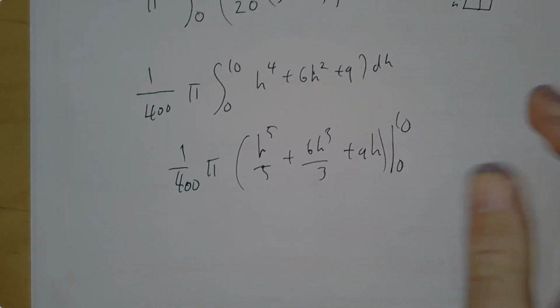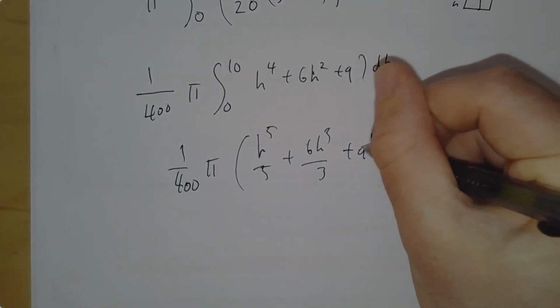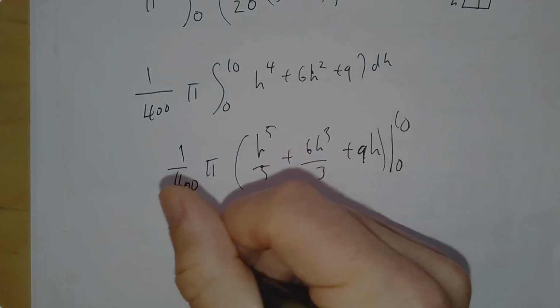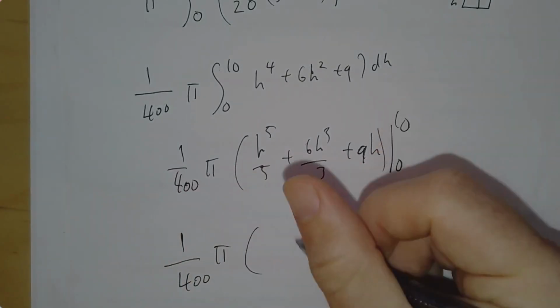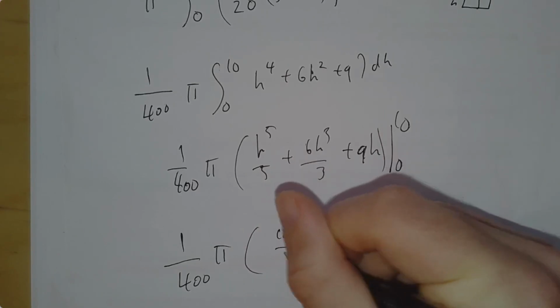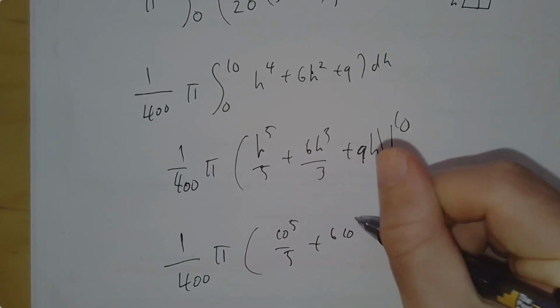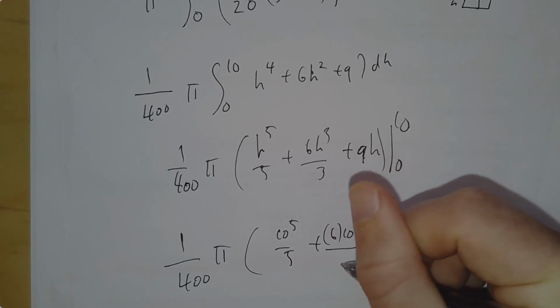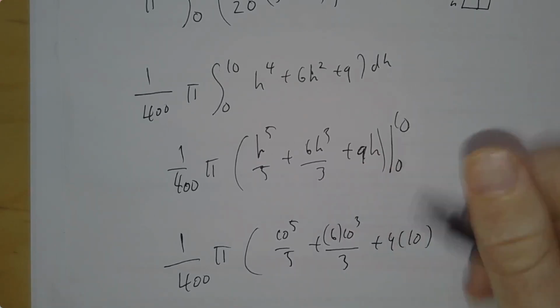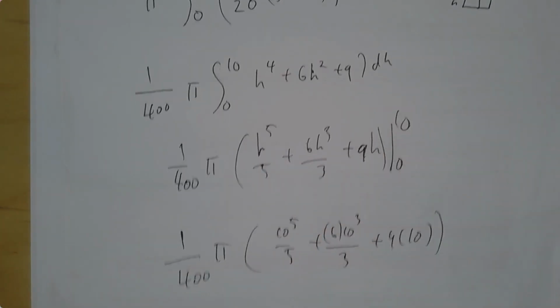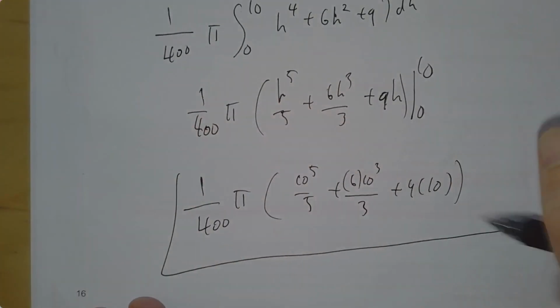Again, this is where you don't want to simplify it. So we're just going to put 1 over 400 pi times, I'm just going to plug in a 10. 10 to the 5th over 5 plus 6, 10 to the 3rd over 3 plus 9 times 10. And then, because when I plug in a 0 for everything here, it's just going to 0 out. I'm going to leave it like this. I'm not going to touch it.